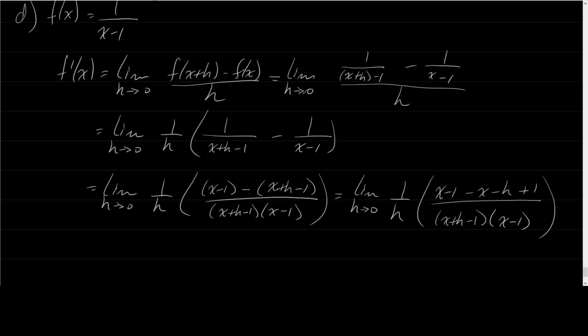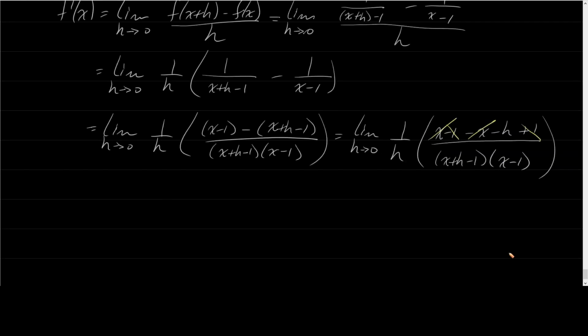At that point, we see a few things cancel out. This x cancels with this minus x, and this negative 1 cancels with this positive 1. So our limit now becomes the limit as h goes to 0 of negative h over h times x plus h minus 1 times x minus 1. And from there, these h's cancel each other out.